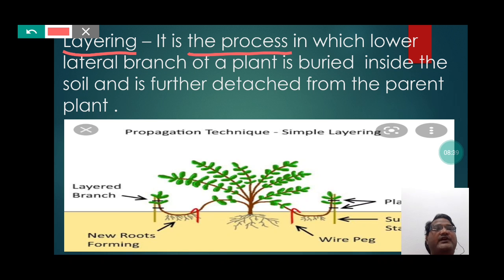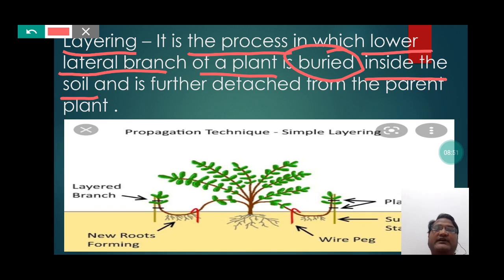So students, here we can notice that the lower lateral branch of the plant is buried inside the soil and thereafter it is further detached, that is disconnected from the parent plant. A new plant is obtained.